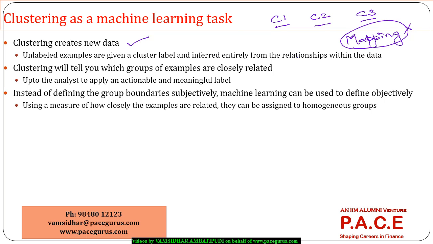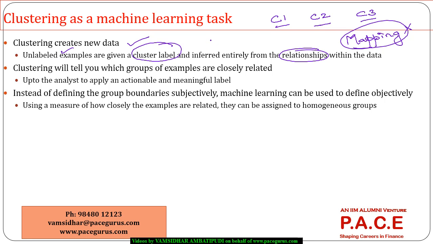Here there is no class at all. I am creating the class. So clustering is creating new data. The label is given to those examples based on the relationships within the data itself.